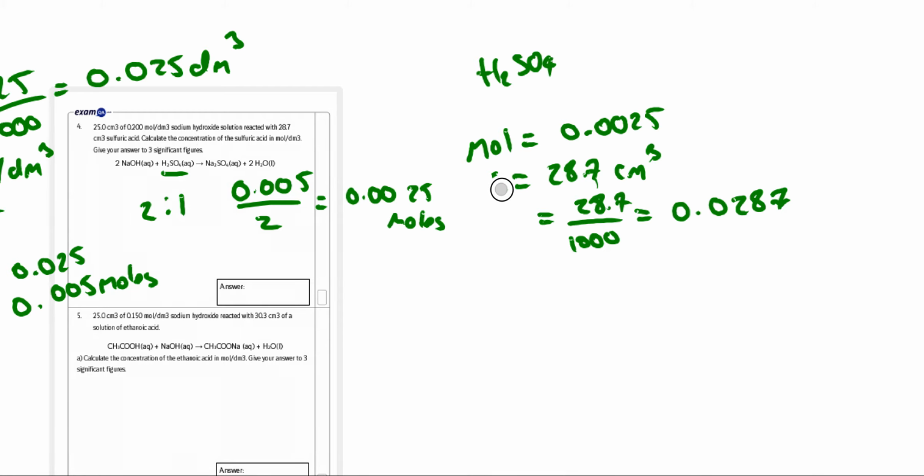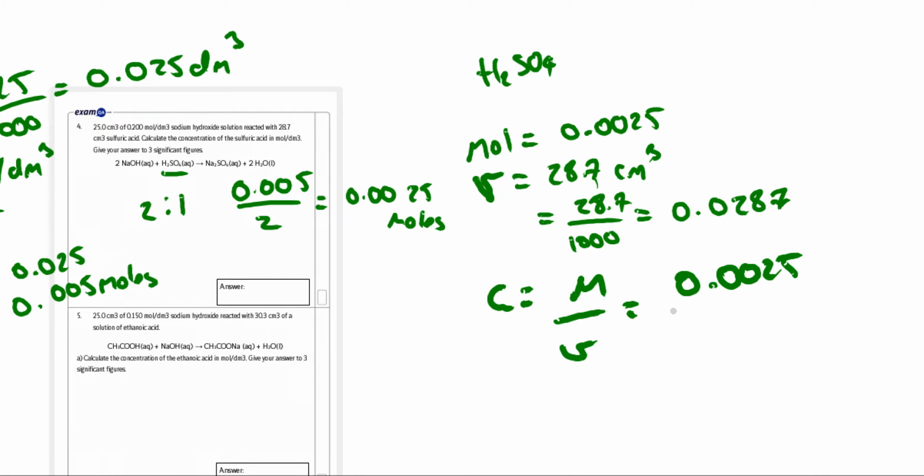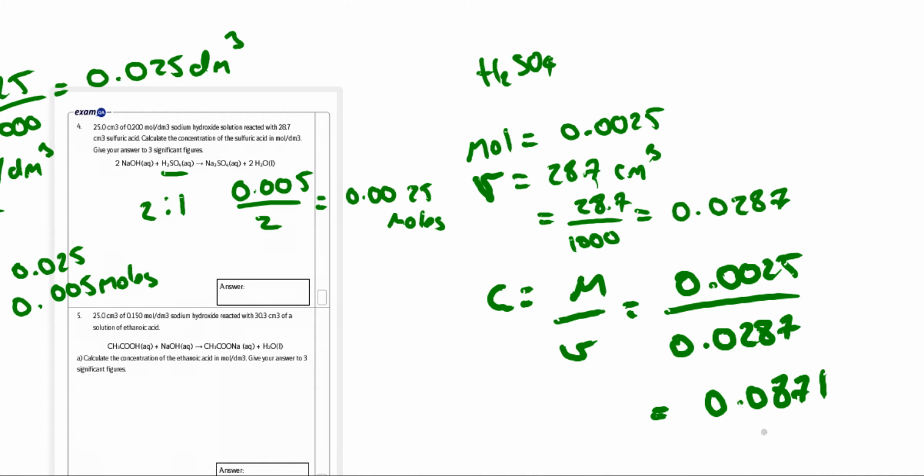It's not concentration, we've already got concentration. We're trying to find the concentration, so it's the volume we know. So the concentration is equal to moles over volume, which is 0.0025 divided by 0.0287, which gives us 0.0871 moles per decimeter cubed.